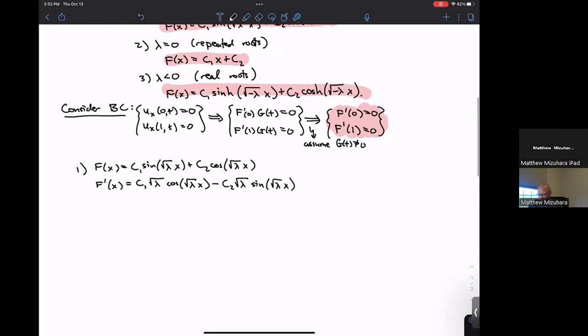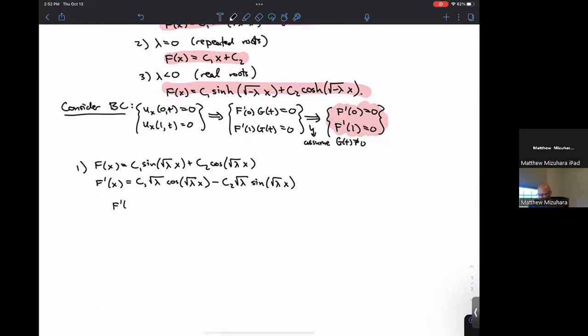So first, f prime of 0 should be 0. But plugging it into my expression above, I have c1 root lambda cosine of 0 minus c2 root lambda sine of 0. So this is just 0. This is a 1.